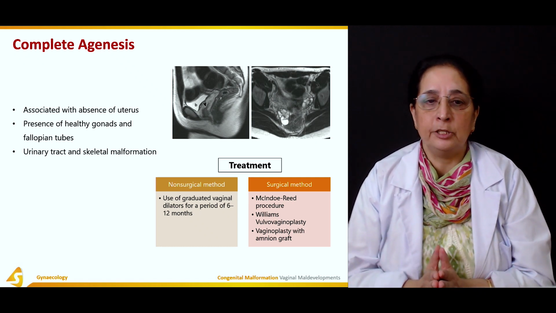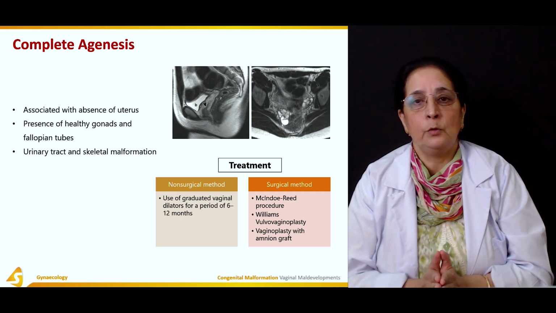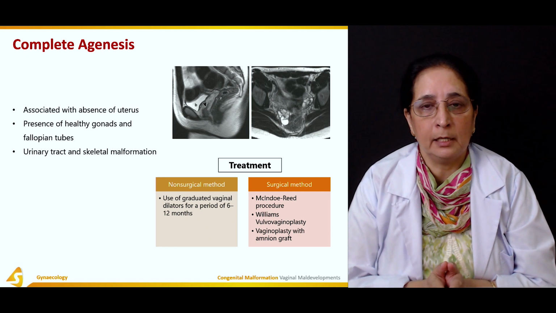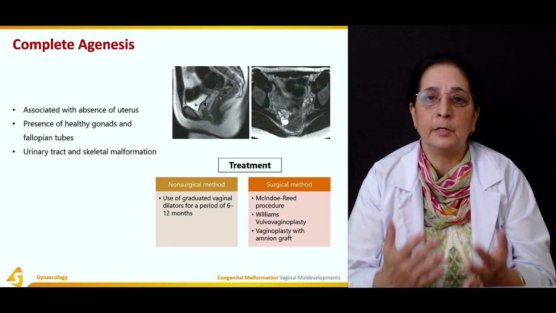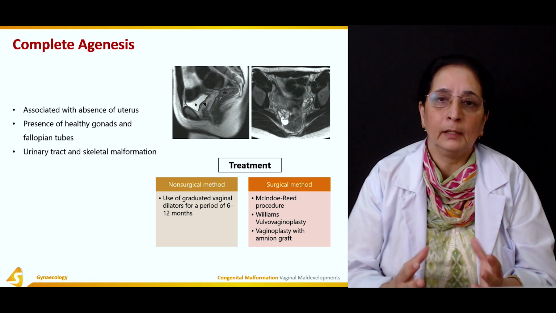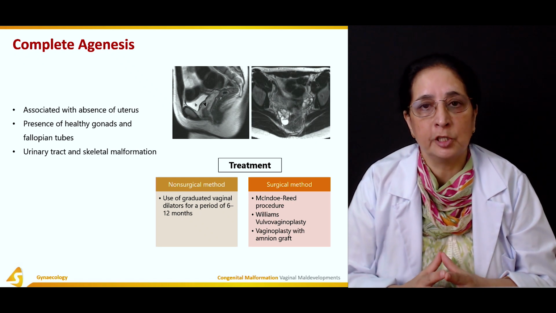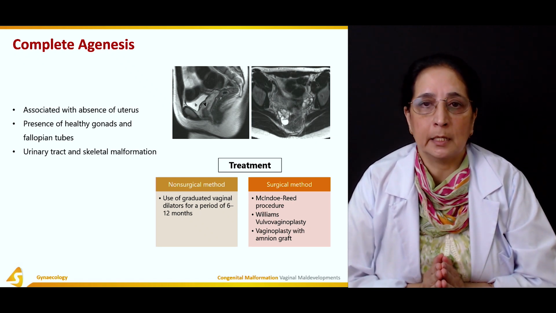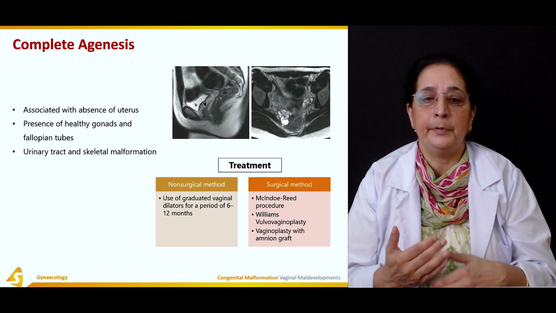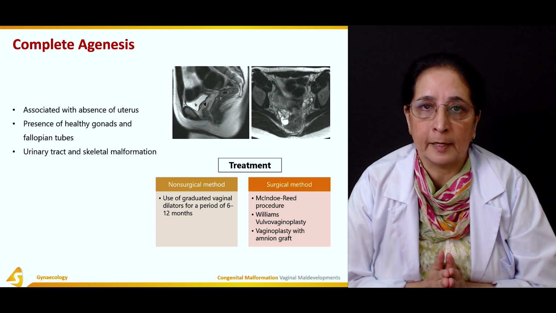So complete agenesis and partial agenesis. In partial, we have upper vagina absent, cervix absent, but the uterus is normal or maybe malformed. In complete agenesis, there is absence of the uterus also, but gonads are present, so hormones are being secreted, and the fallopian tubes are also present.